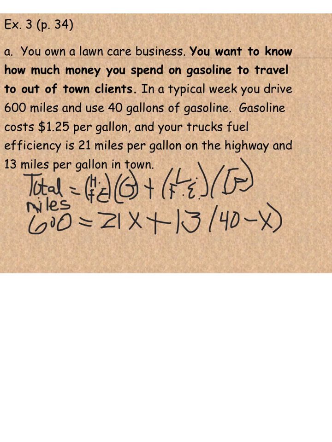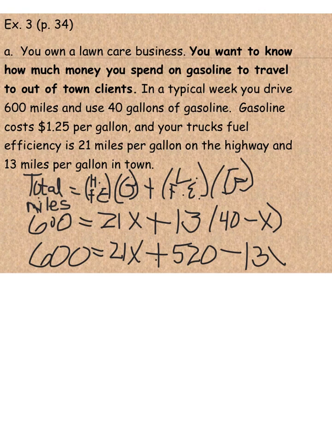So here we have 600 is equal to 21X plus 520 minus 13X, and we'll combine our like terms, which will give us 80 equals 8X.